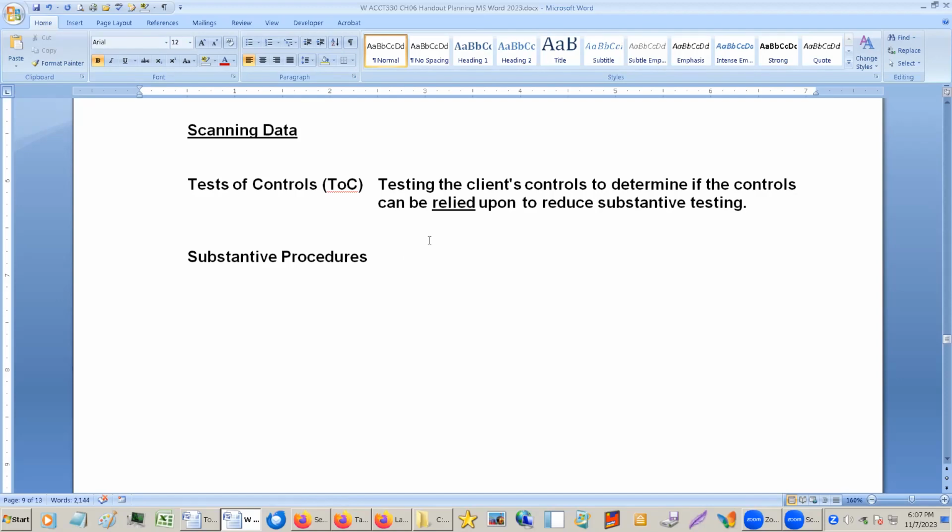Okay, substantive procedures. This is our classical sampling: mean per unit, ratio estimation, and difference estimation.